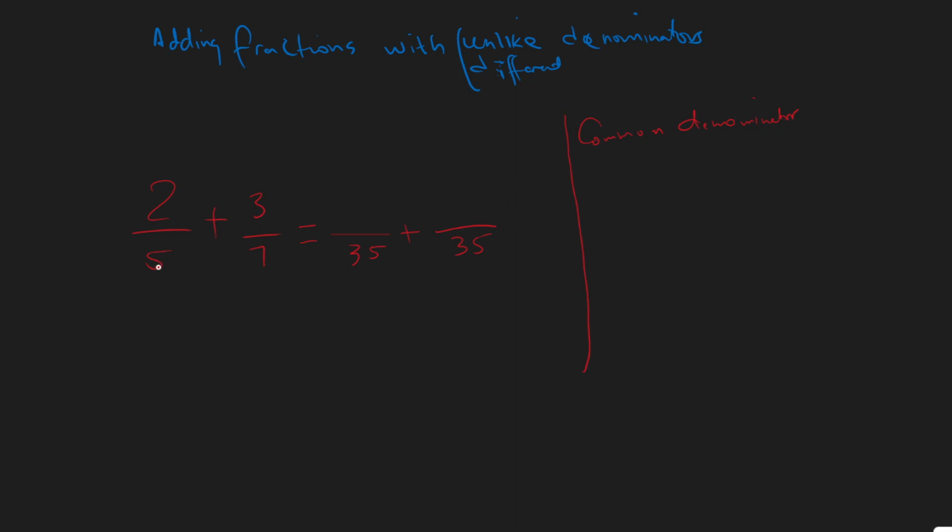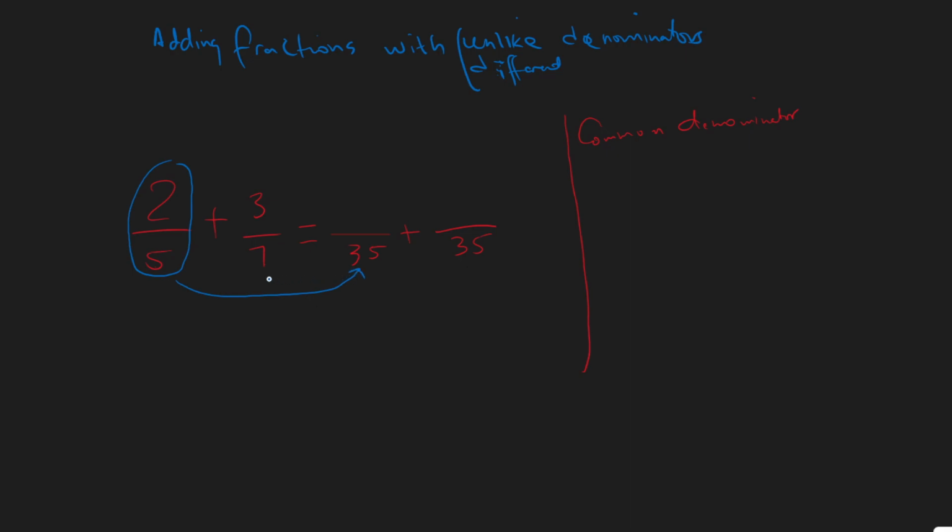If you multiply 5 by 7 to get 35, you're going to tell yourself, what did I multiply this 5 by to get 35 over here for this fraction?